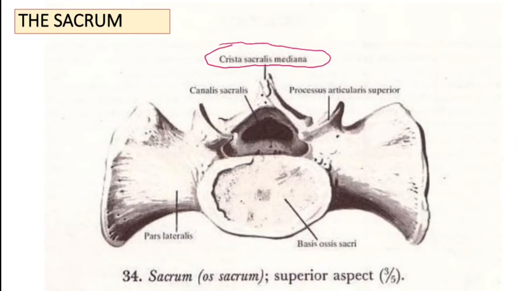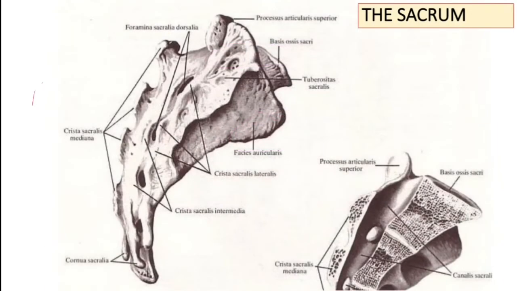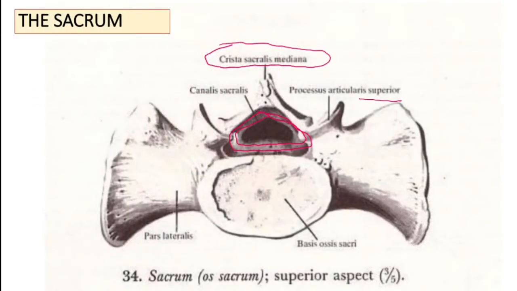So again, you can see crista sacralis mediana, and you can see the sacral canal, canalis sacralis. What did I indicate here? Okay, the superior articular process, right? Processus articularis superior, for articulation with the lumbar, right? I'm sure now you understand, right?